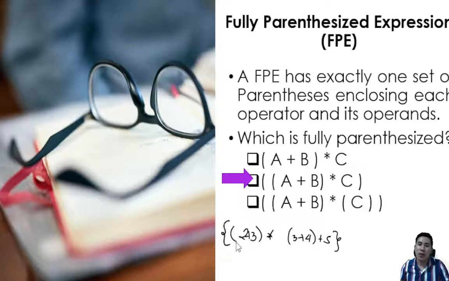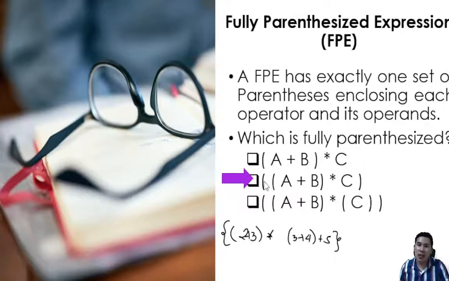So something like that. But in this RPN, we only use parentheses because it would be difficult to write a program that would read these characters. Now, if you are going to use different characters, right here, which one is fully parenthesized?